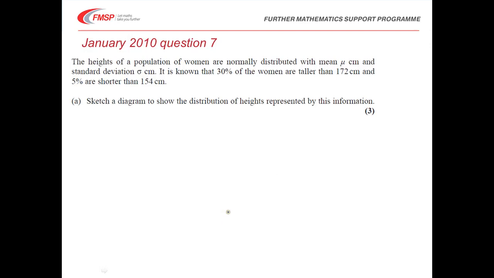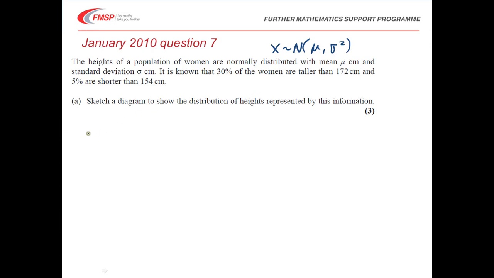So we have a question here where we're given information about the heights of a population of women, which are normally distributed. So I personally will be doing this every time. It's normally distributed with the mean of mu and a standard deviation of sigma. And it is known that 30% of women are taller than 172 and 5% are shorter than 154.